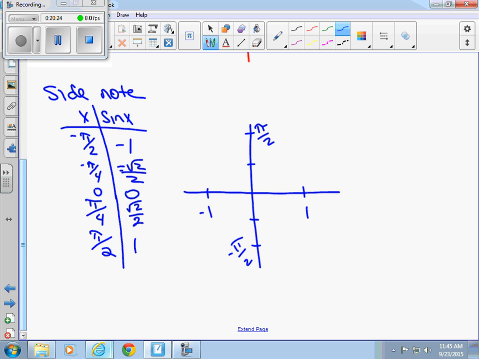So I get negative 1 for my x value, negative pi over 2 for my y value. Then pi over 4, and pi over 2, 1.